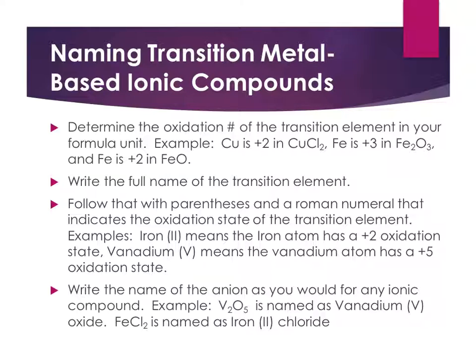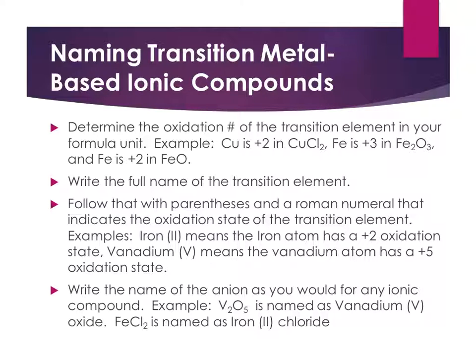Now we don't write +2. Some of you might ask, why don't we just write the +2 as the oxidation state? It's just not done that way. So vanadium with the brackets of V means that the vanadium has an oxidation state of +5. Then you just write the name of the anion as you would for any other ionic compound.